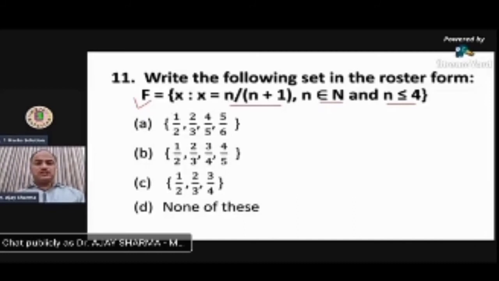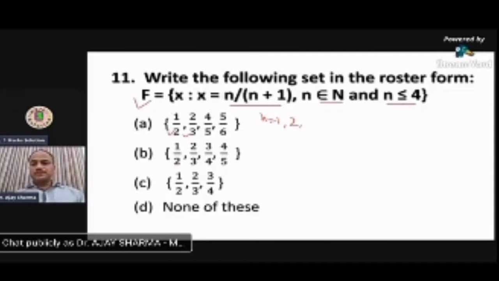When we put n is equal to 1, what do we get? 1 upon 1 plus 1, that is 1 upon 2. So we get this element. Fine. Similarly, when we put n is equal to 2 here, what do we get? 2 upon 2 plus 1, so that is 2 upon 3. So we get 2 upon 3, the second element.